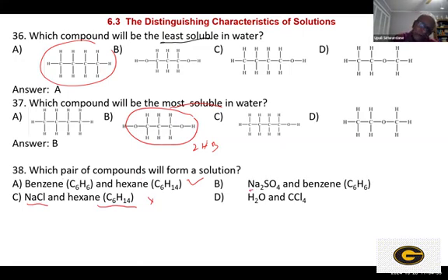This one is ionic. This one is benzene, organic. Therefore, this will form a solution. Water is polar. Carbon tetrachloride is non-polar. Therefore, they are not like each other.